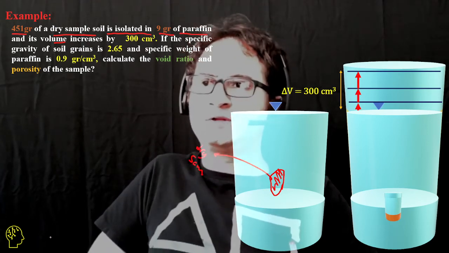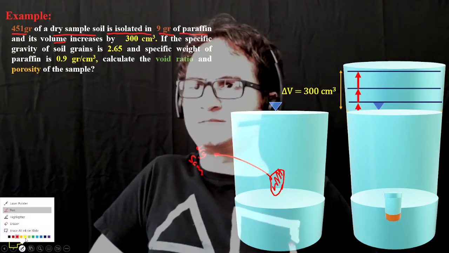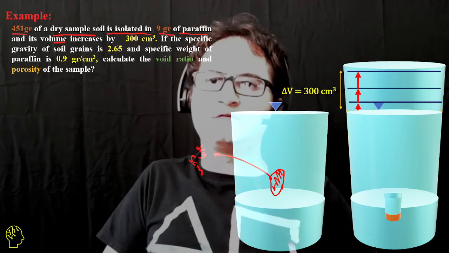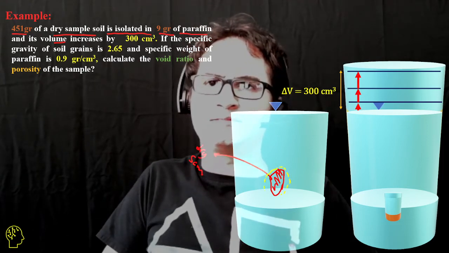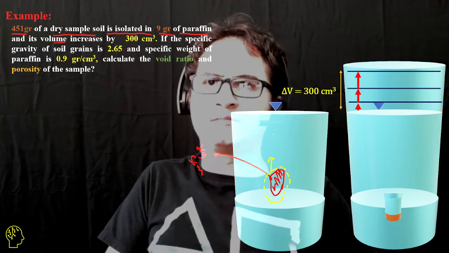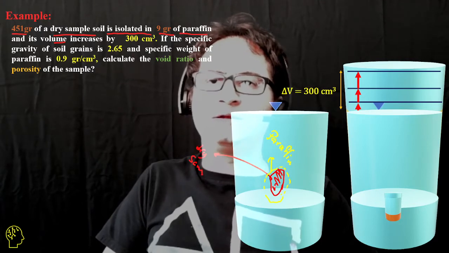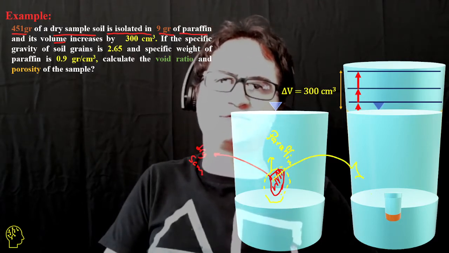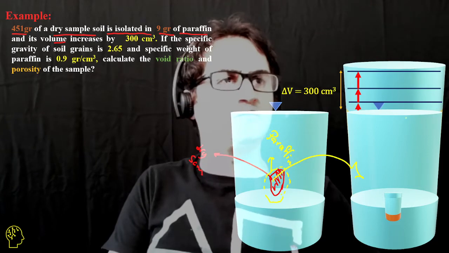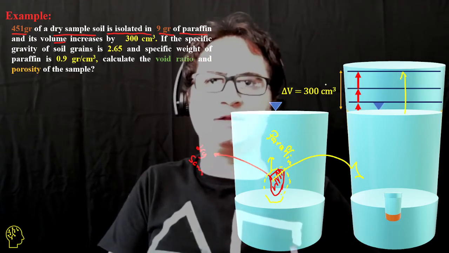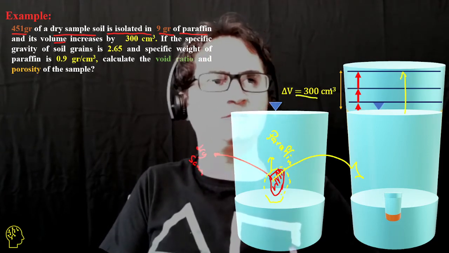Then we just protect it with a layer of paraffin, then place it inside the water. Then the volume of water increases by 300 centimeter cubed.